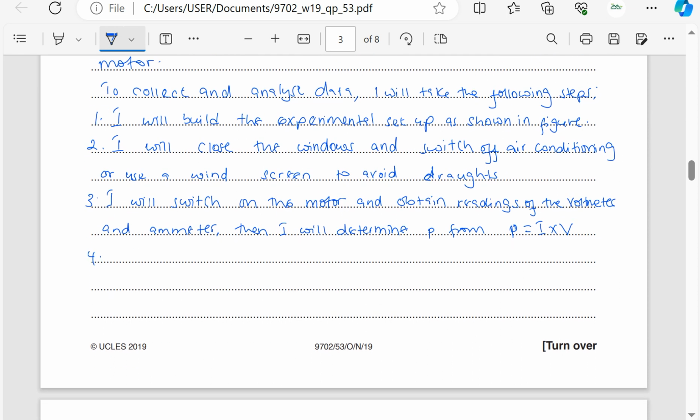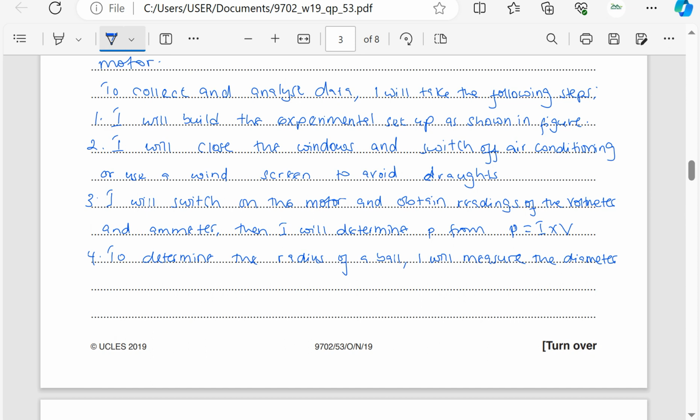Okay, then step number 4. Of course, I have not yet measured the radius of the ball. So I think 4 would come even earlier, but the order doesn't matter. Then to determine the radius of a ball, I can't determine the radius directly, so I will measure the diameter.